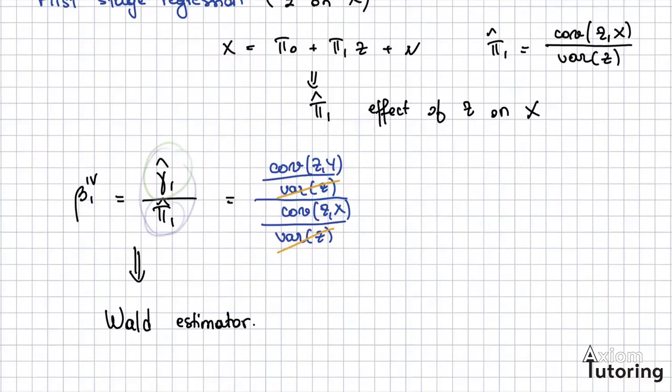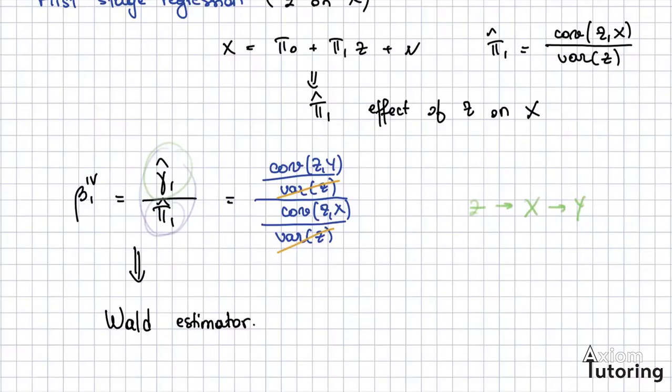We never directly manipulate x, we manipulate z, and then scale the effect on y by how much z has moved x. So we're always keeping that channel, z, x, y. And that scaling is the key operation of the IV.